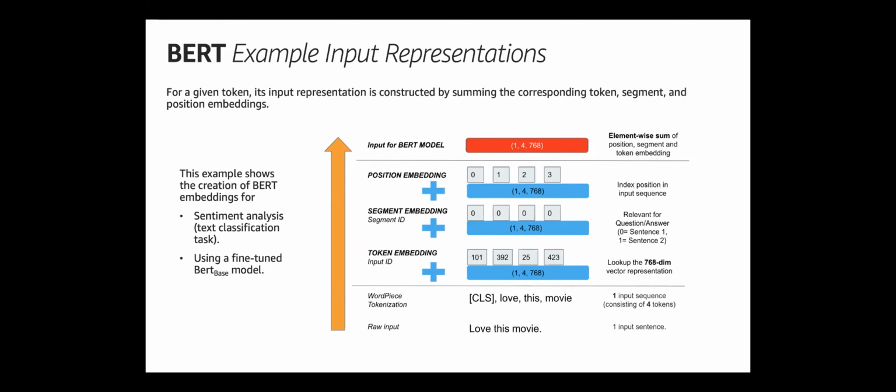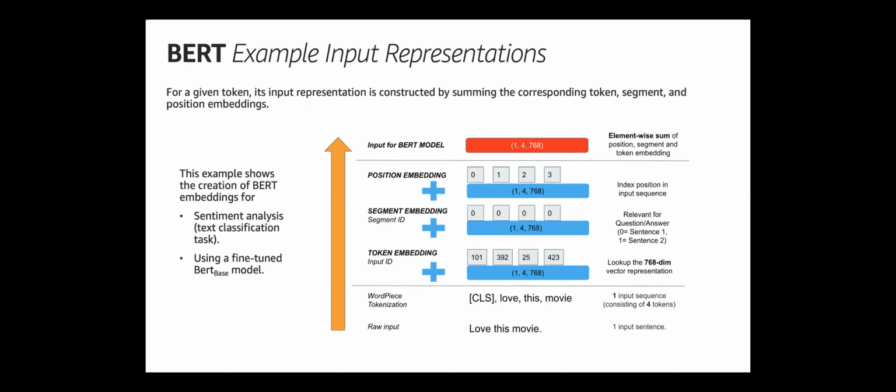And then in this example, I just split it by love, this, and movie. It could be that actually there's tokens that kind of look different. One word doesn't necessarily have to end up in just one token. There could be some stemming of the words, etc., going on as well. So for the ease of readability, I just tokenized with the full words here.